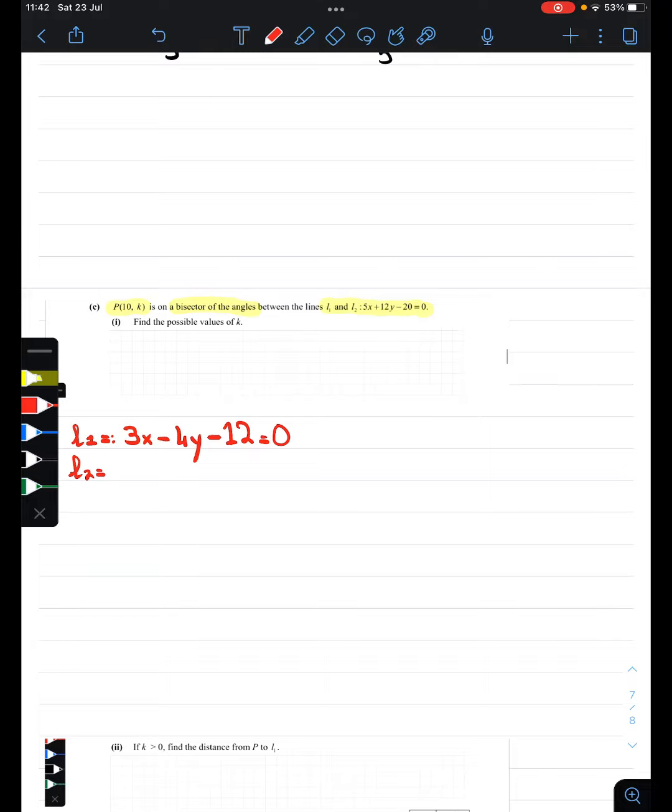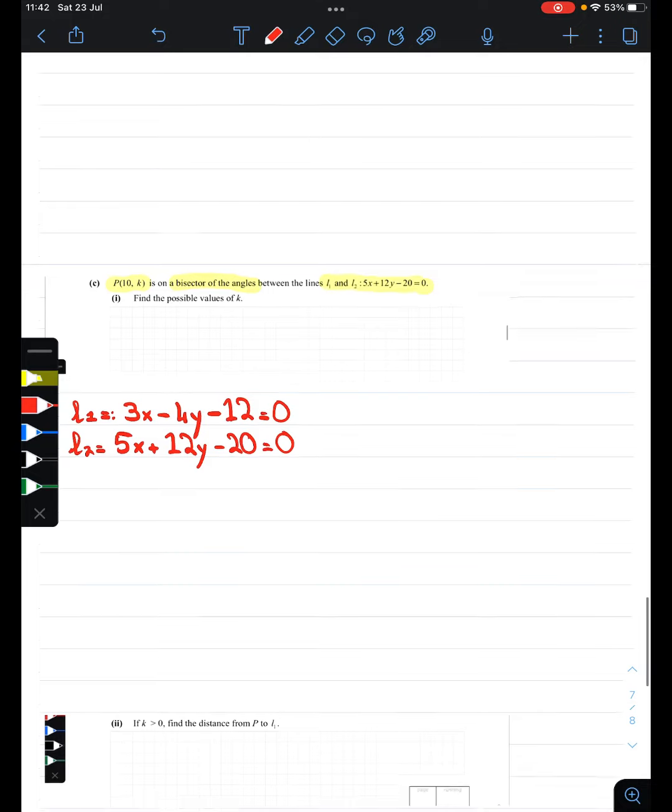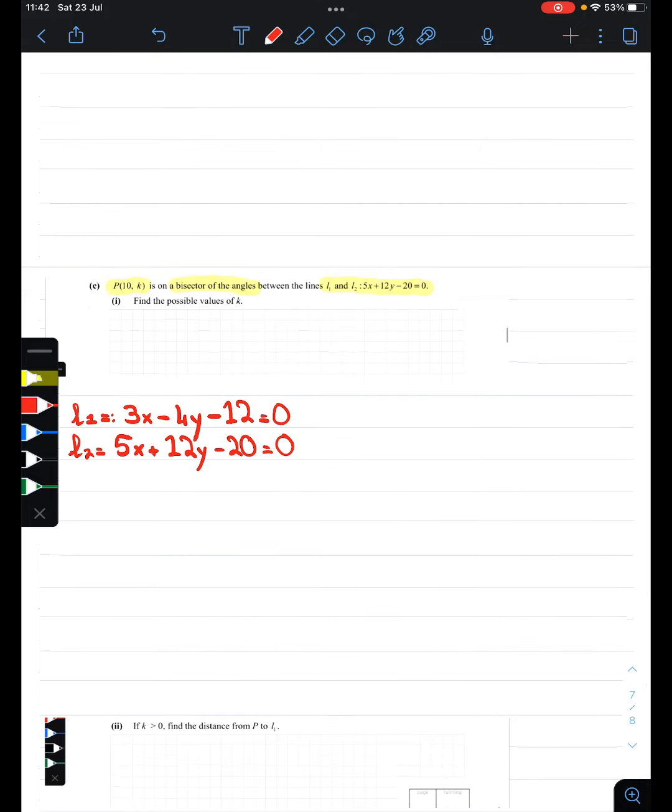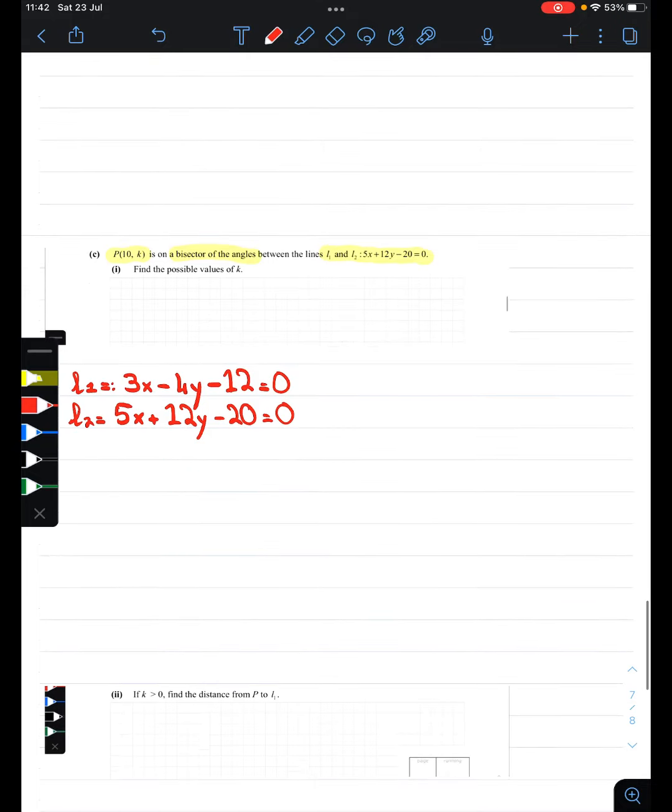L2 equals 5x + 12y - 20 = 0. All right, so let's say our two lines look something like this.